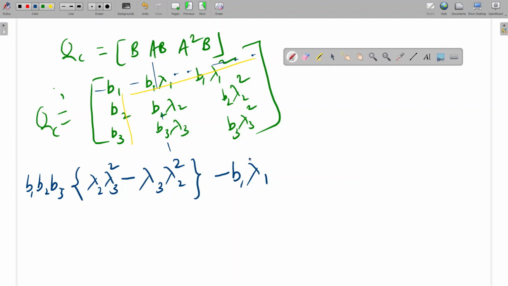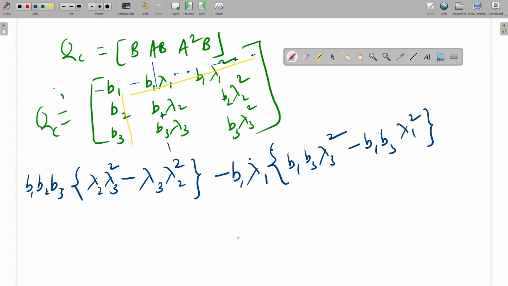So b1 minus b1 lambda 1, and again here it will be b1 b3 lambda 3 square, this into this minus this into this, again b1 b3 minus b1 b3 lambda 1 square, correct?